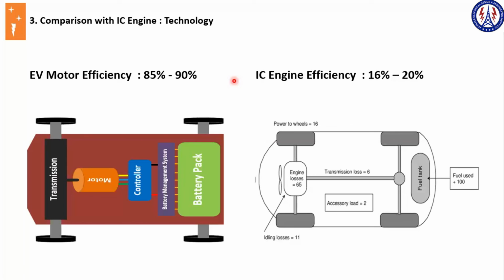It's again a different topic altogether to go into in depth, but this is the advancement right now, and there is ongoing work on how we can enhance the efficiency of the motor on high load.